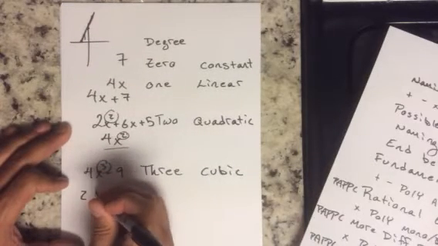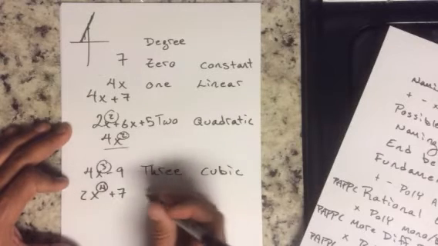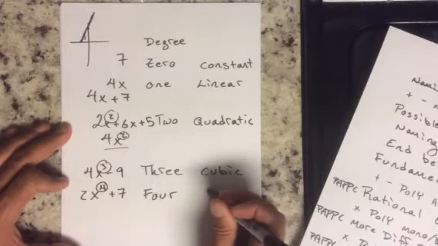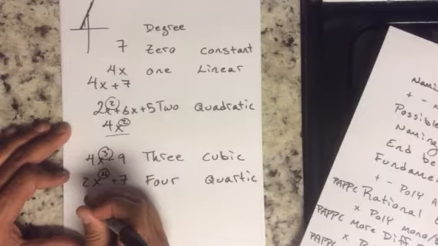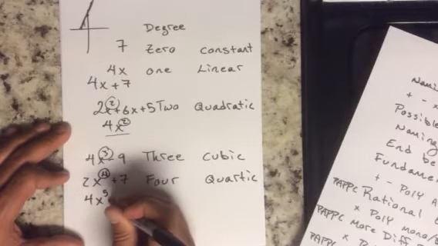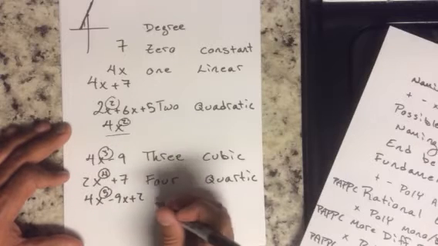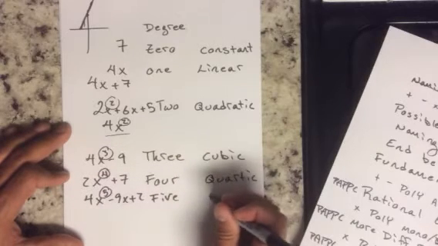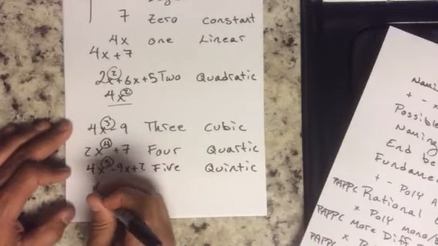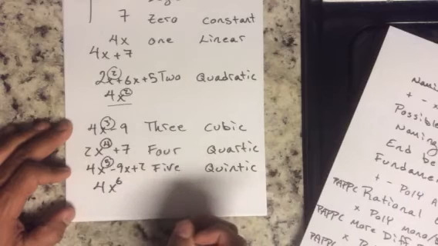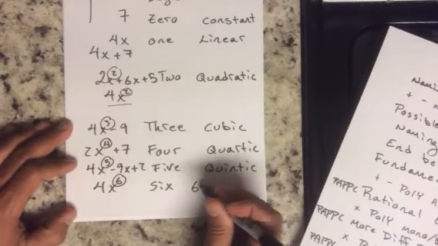If it looks like this, it has a degree of 4, so that's quartic. If it looks like this, degree of 5, so that's quintic. If it looks like this, that's a degree of 6, so I call that a 6th degree.